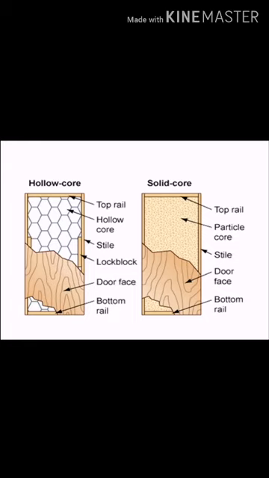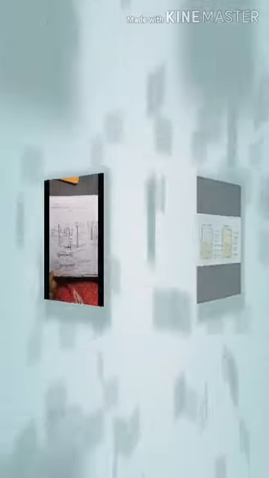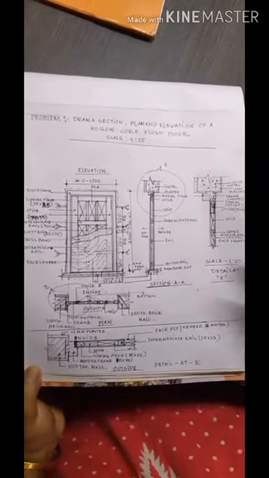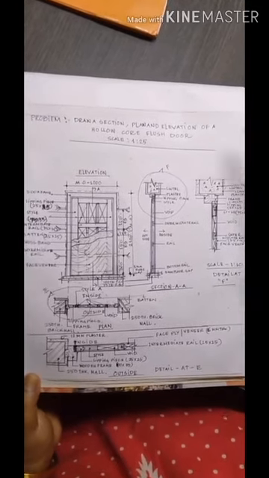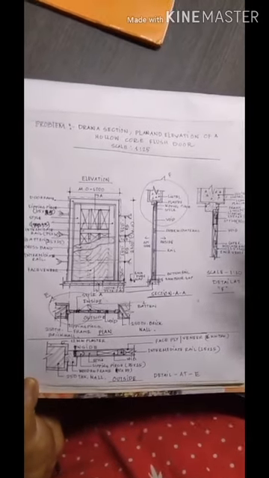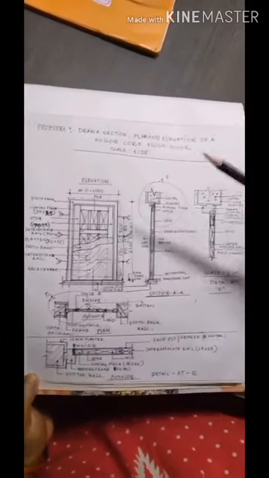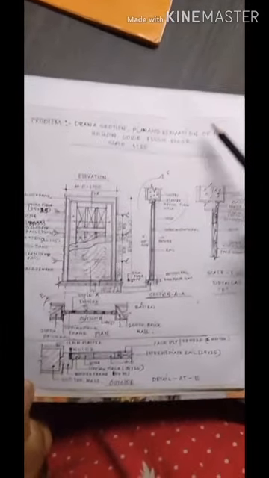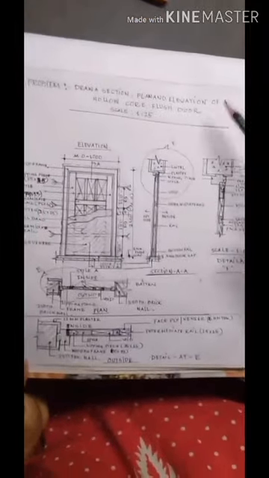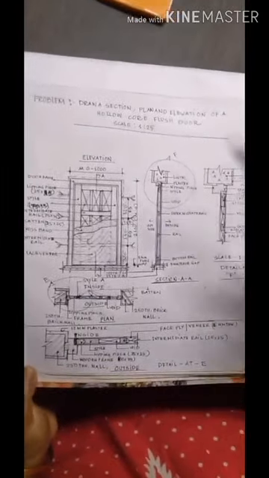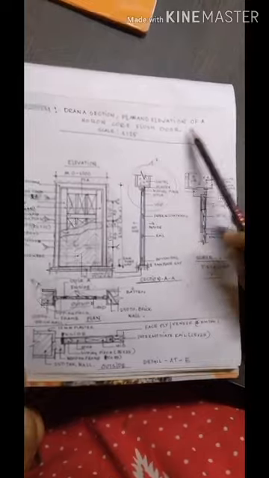In this video I will discuss in detail how to draw the solid core and hollow core flush door. Today I will discuss how to draw a section, plan and elevation of a hollow core flush door. In my previous slide I explained how to draw a section, plan and elevation of a solid core flush door.